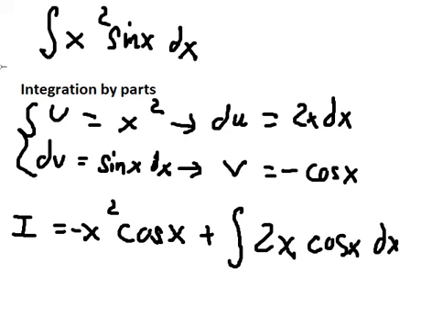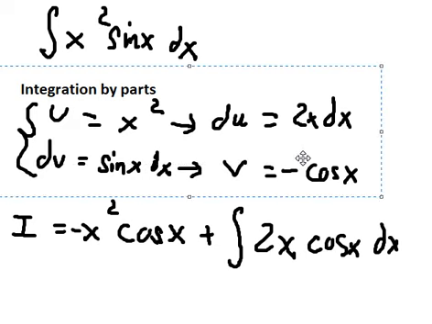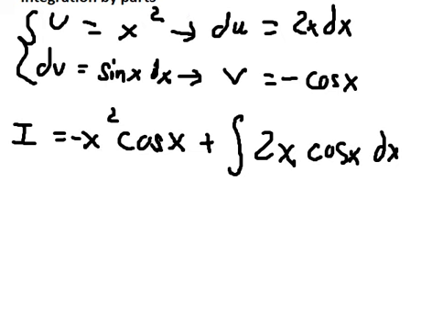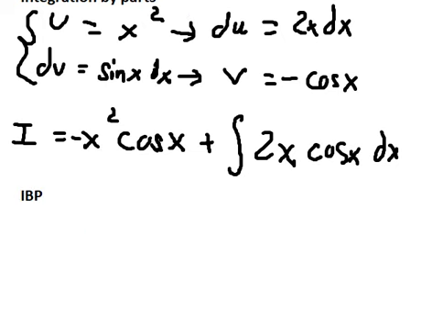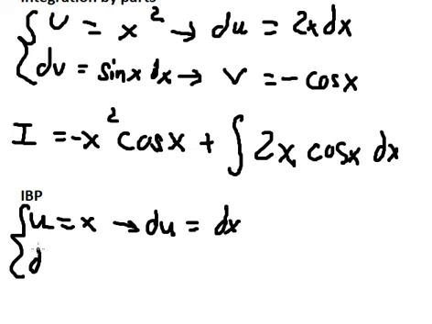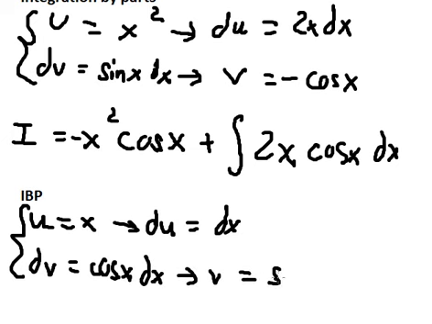Next, we can use integration by parts again. So in this situation, we put u equals s. Then we get du equals ds. So dv equals cosine s ds. The integration of this one gives sine s.